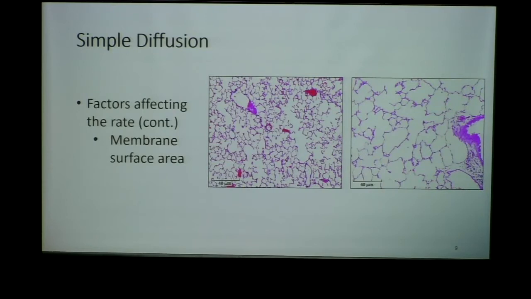This is an electron micrograph. Whereas on the right, we can see that we've lost some of that surface area. Right, and this happens with lung disease, and we lose the surface area, so we have less of that oxygenation taking place. And so what this really underscores is that the more surface area exposed, the more movement, right, the faster movement across that actual membrane.